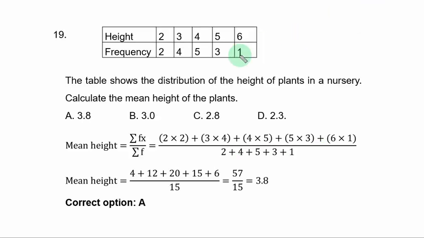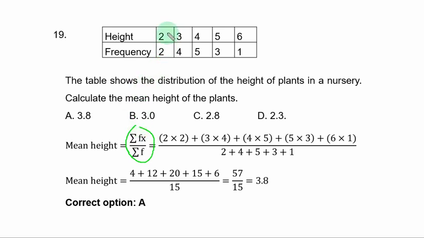Question 19. The table shows the distribution of the height of plants in a nursery. Calculate the mean height of the plants. If we take the height as x and frequency as f, that means we have data involving frequency. You can obtain the mean using summation fx over summation f. We can do it directly. fx means product of f and x, then you sum together.